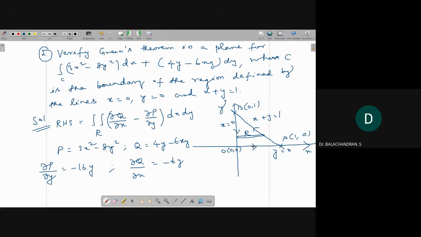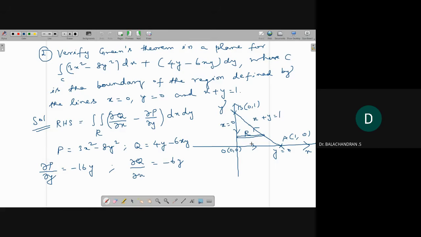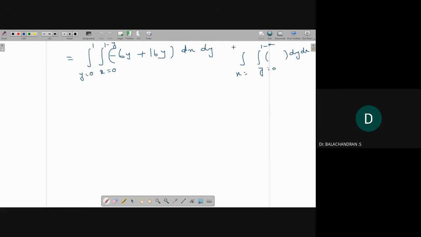Here y is 0, and here y is 1 minus x. So y equals 0 to 1 minus x. You are taking a strip parallel to the y axis, so you should move the strip like this. So x varies from 0 to 1. So both answers are correct. You can check it later.